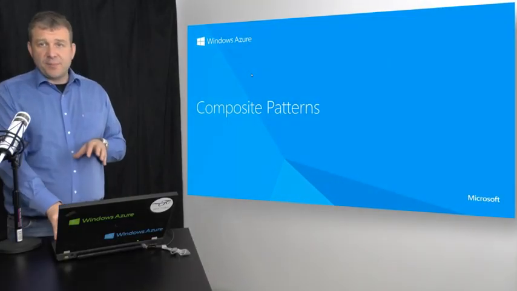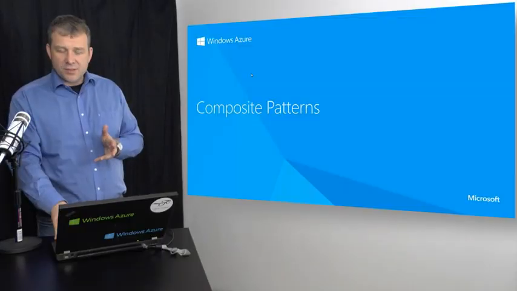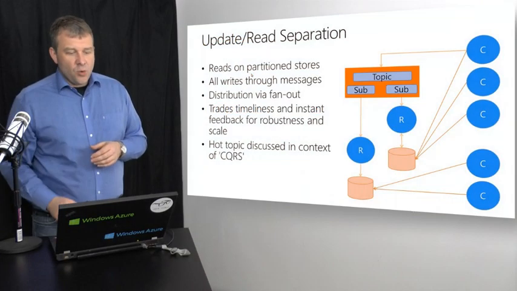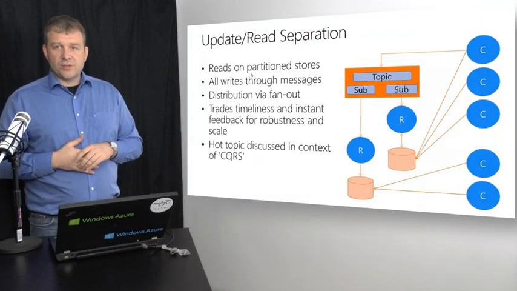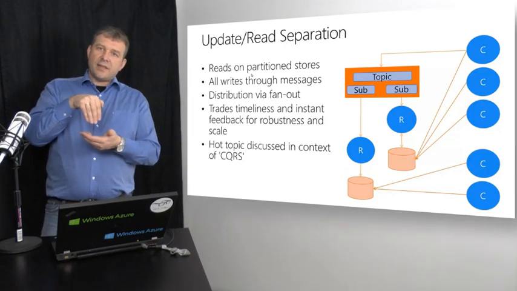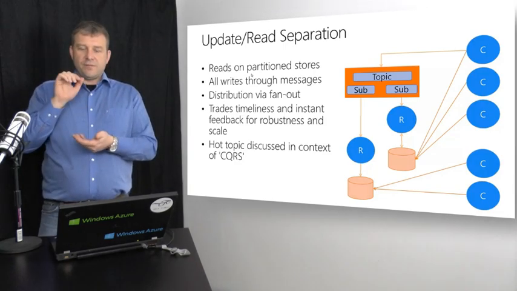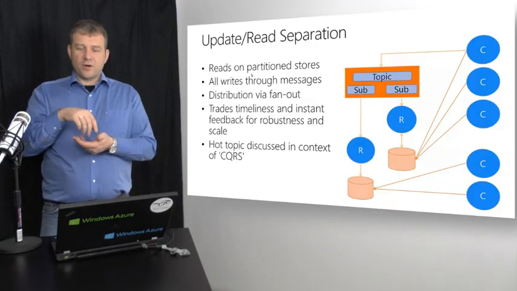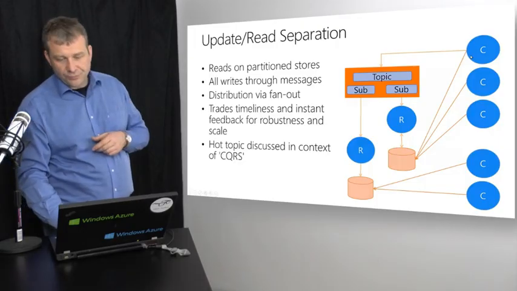Out of these basic patterns, you can compose some additional composite patterns. I have a selection here. One is update read separation. If you want to have a separation between data that comes into your system that might hit multiple kinds of stores, the data is pre-validated in some form up here in this corner.